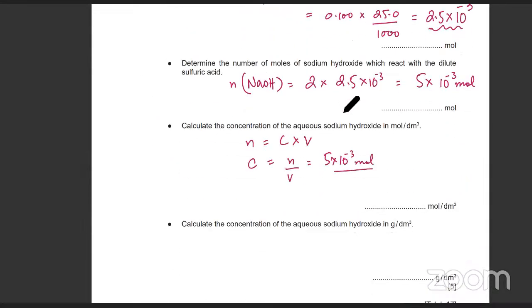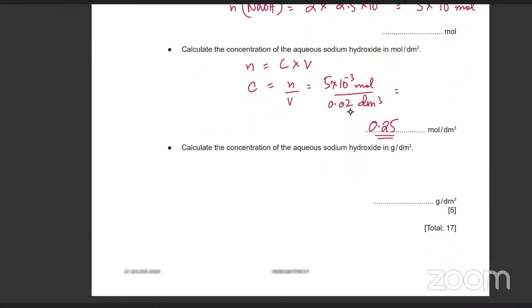The volume is also known. 20 cm cube dm cube में क्या होगा? 0.02 होगा, I think शायद. क्या आ रहा है? What is the concentration that you're getting? 0.25. So you're getting 0.25 mole per dm cube, right?